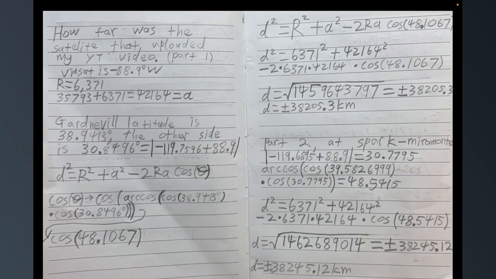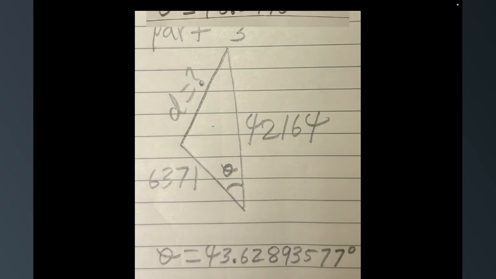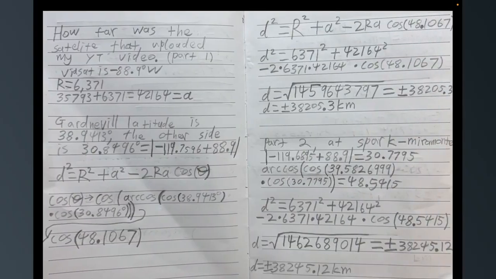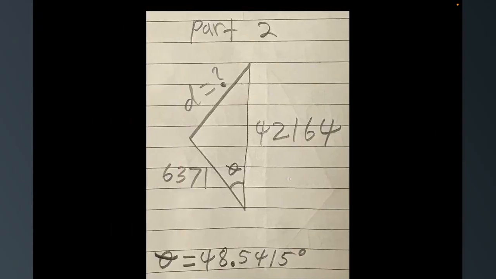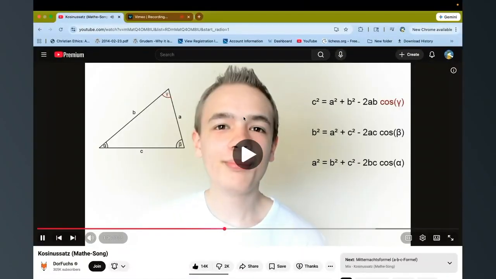And again, doing some trigonometry, we find that the angle theta is 48.5415. And we again need to find the distance from our plane here to the satellite. So we'll do some trigonometry.